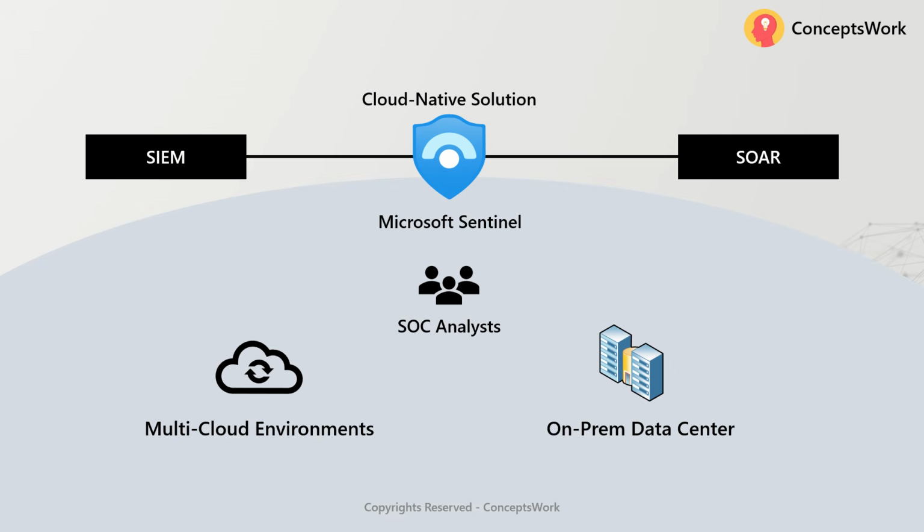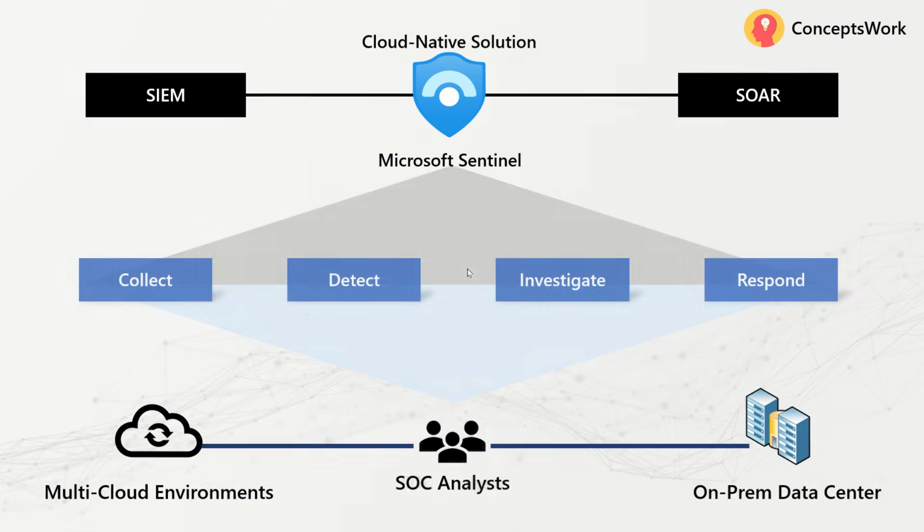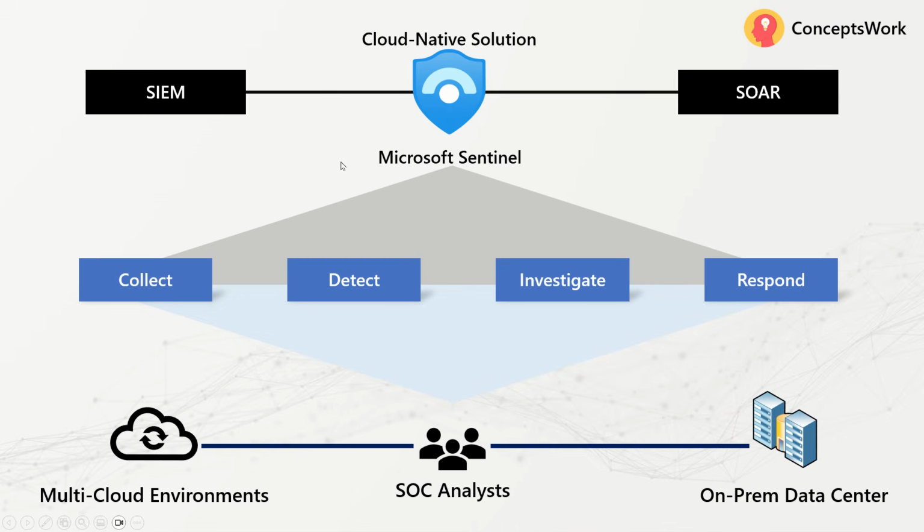It also offers end-to-end RBAC to make sure that the right set of individuals can view the right set of data. Since it's one single console, it helps you with the collection of data and detection of anomalies. You can investigate threats, perform deep investigation, and respond to alerts by creating custom playbooks, or let's say logic apps, in whichever way you want to understand.